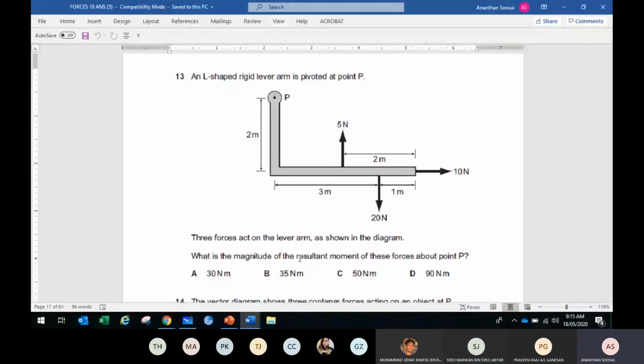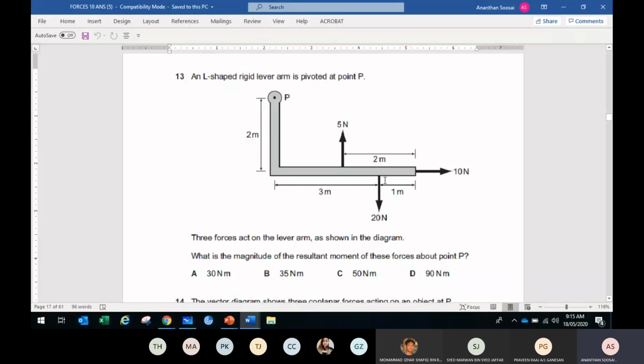So anyone give me the answer? A. Yes, is it A? Technically it's negative 30, but all of you are giving A, clockwise 30. 5 times 2 is 10, 10 times 2 is 20, so anti-clockwise moment is 30.